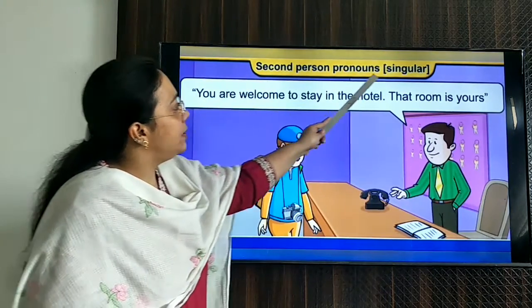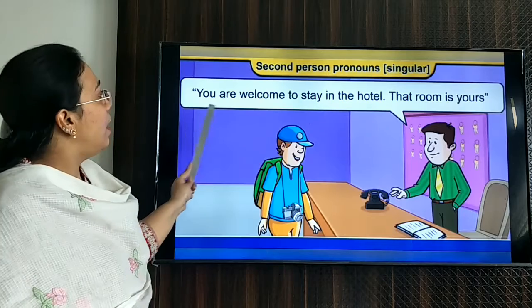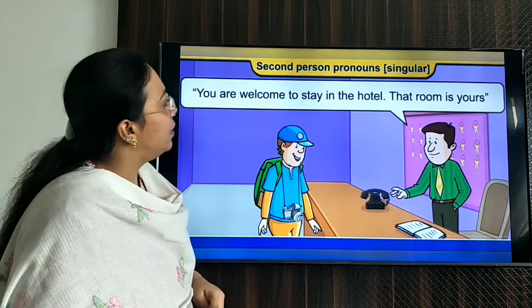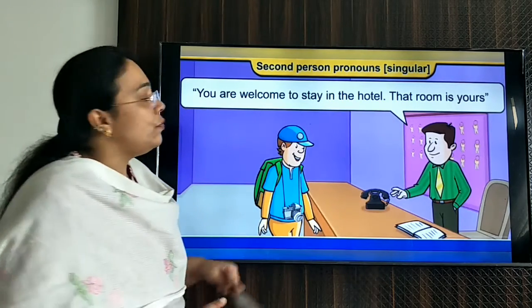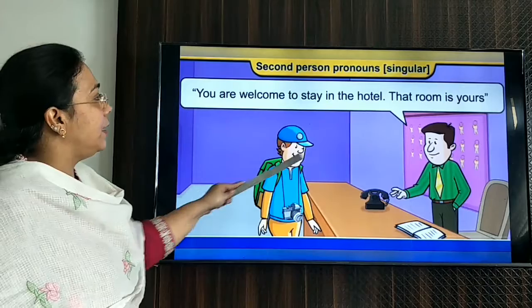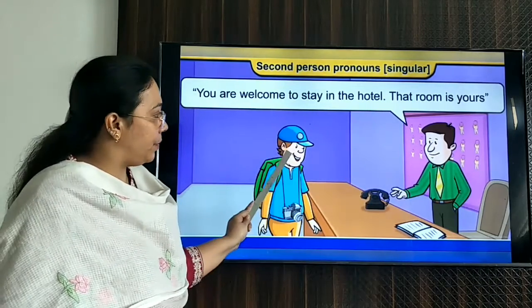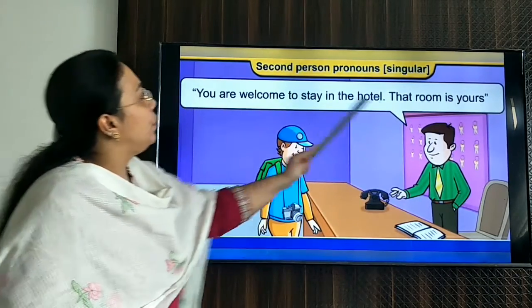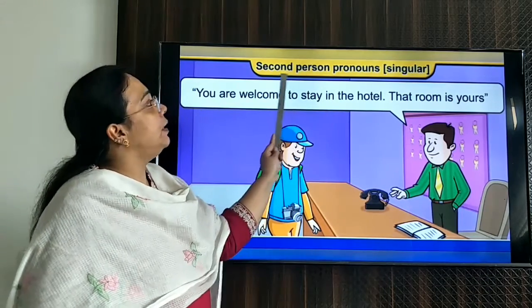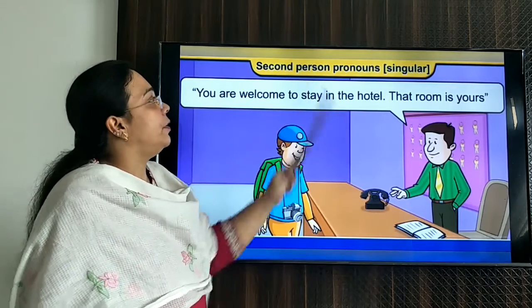Second person pronoun singular: You are welcome to stay in the hotel. That room is yours. See, second person. He's listening. He's speaking to him. You, yours, singular second person pronouns.